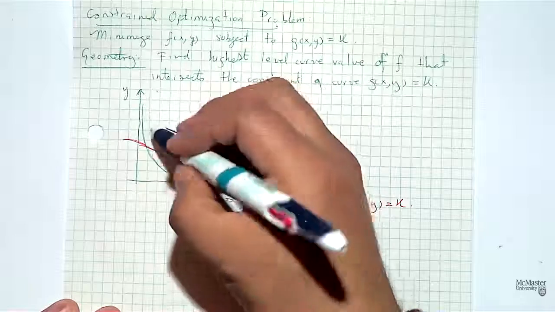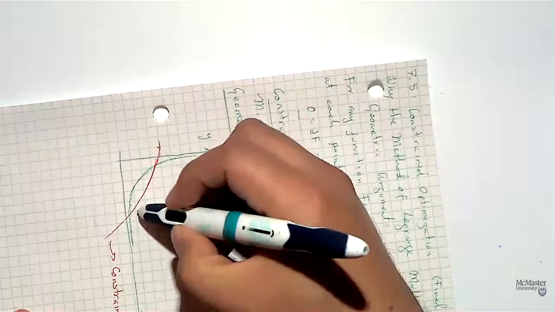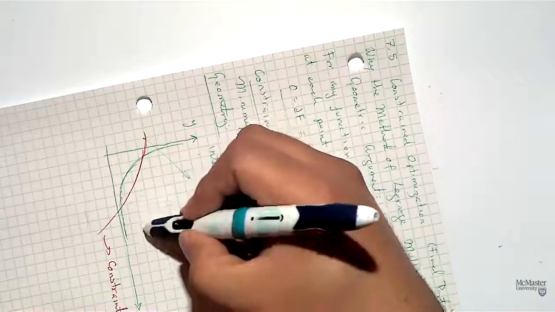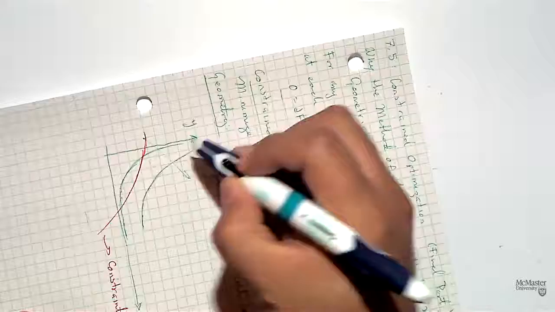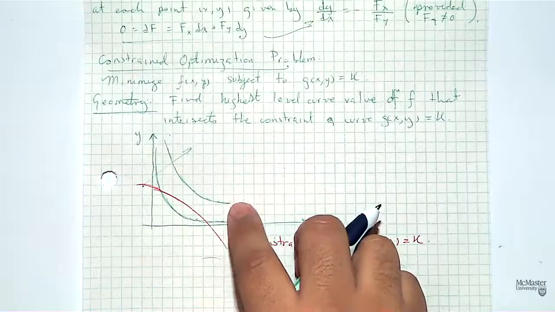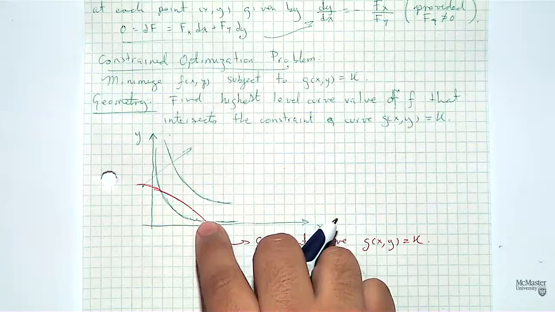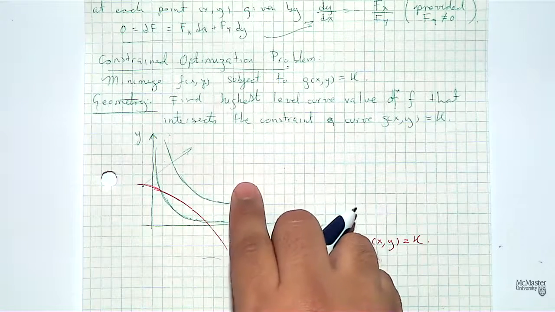So let's assume that if you move in this direction, the level curves have higher values. For example, I could have this other curve. There's an issue with this one: you have an increased f, but it's not intersecting the constraint, so this is not a valid answer.